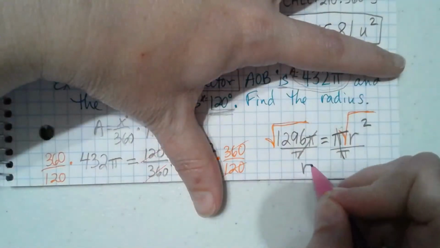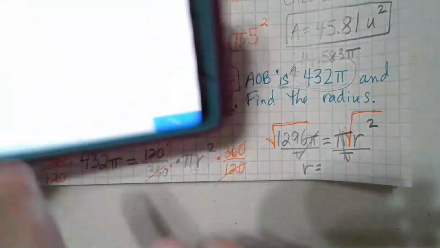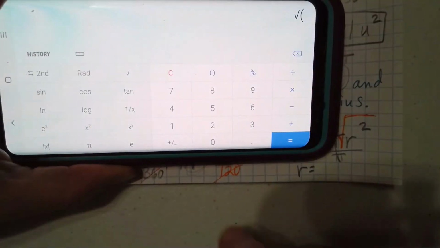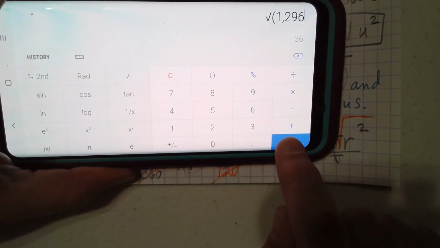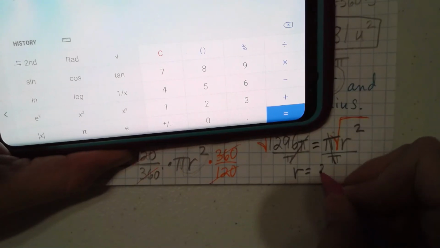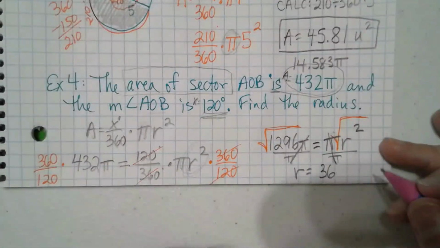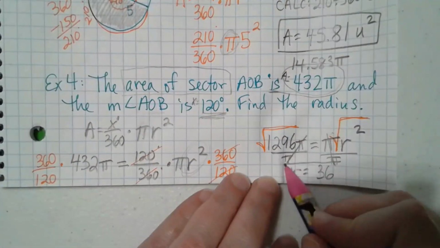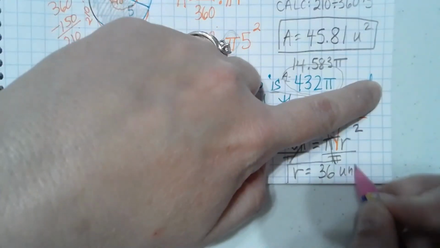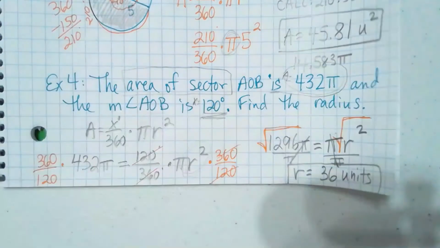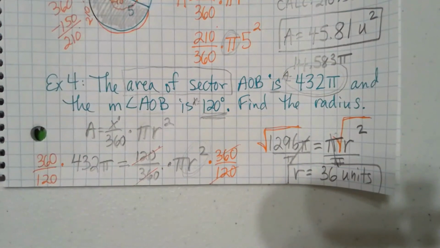So the radius is going to be the square root of 1,296, which is 36. That's our radius. 36 units, 36 inches, 36 feet, 36 whatever. They don't really tell us.